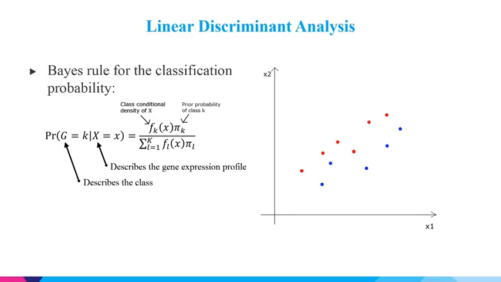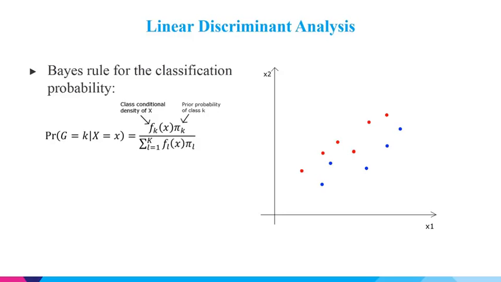So this is the probability that the class is red or blue, conditioned on the gene expression profile. And this is written in terms of the class conditional density and the prior probability. The prior probability is written here as pi sub k, which is the prior probability that the class has value k, where k can be red or blue.